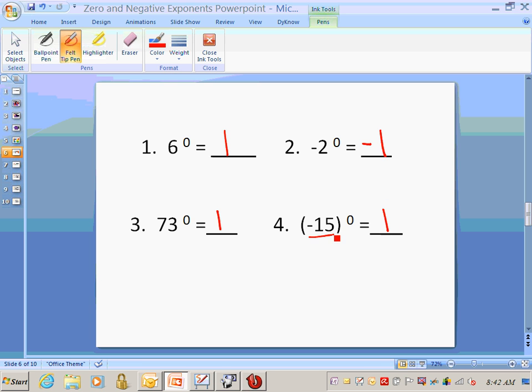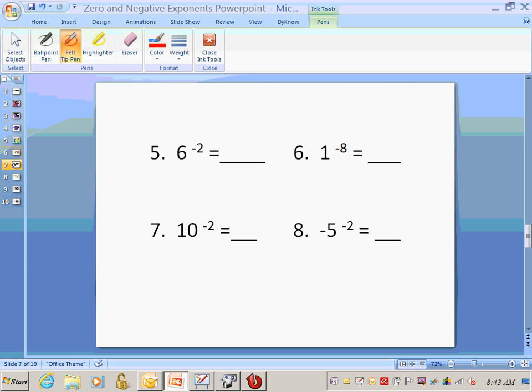This negative is included in this number. Everything's going to the 0 power. Number 5, how could I rewrite this? It's on the top already because it's a whole number, right? Under 1, right? So 1 over 6 squared, which is going to be 1 over 36. Good.